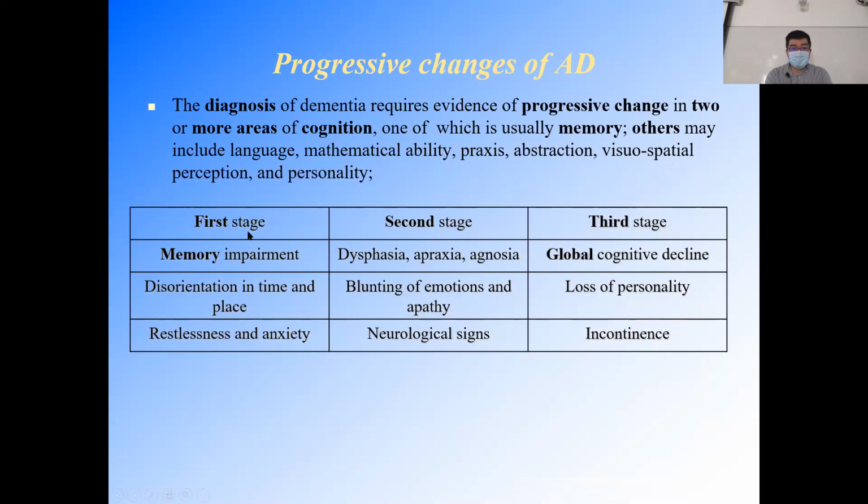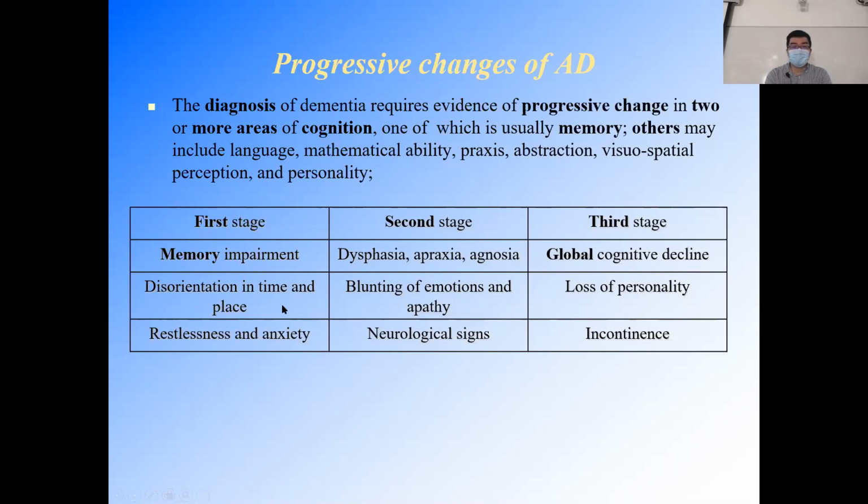For example, in the first stage, there will be memory impairment and disorientation in time and place. So you see those patients that you heard about in the news, who went for a morning walk but then weren't able to get back home.